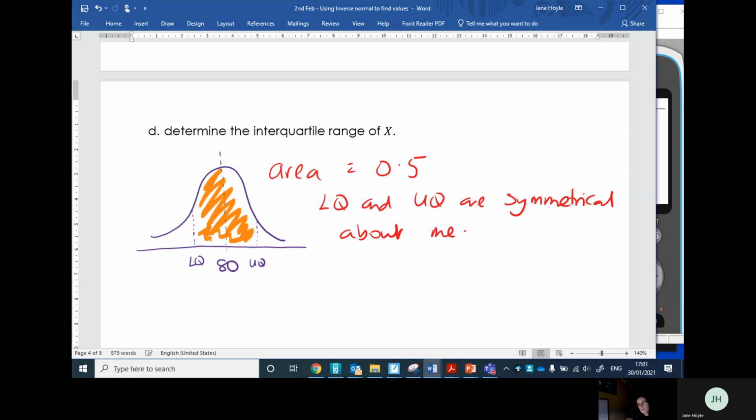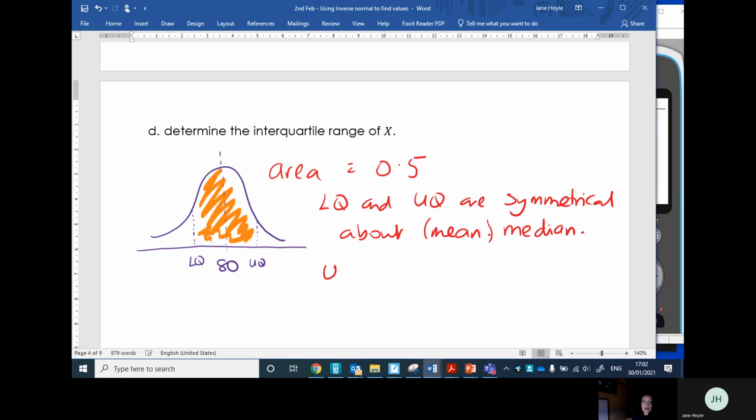And technically, the lower quartile and the upper quartile are symmetrical about the median, but in a normal distribution, the mean, the median, and the mode are actually all the same.